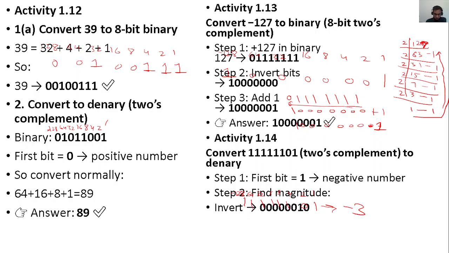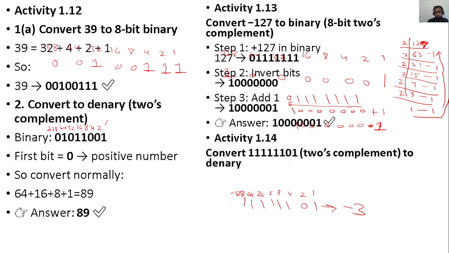Find the magnitude. So this number is representing minus 3. So this was the direct method. Now it is asking for the 2's complement method. In order to take the 2's complement, we first invert these bits.